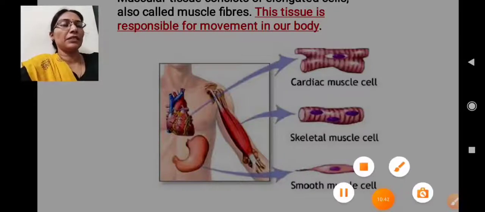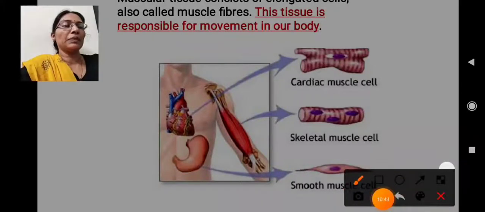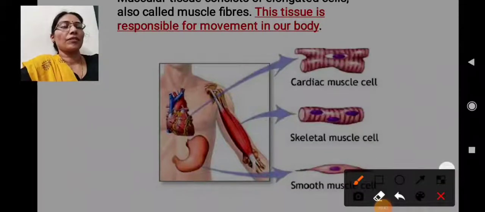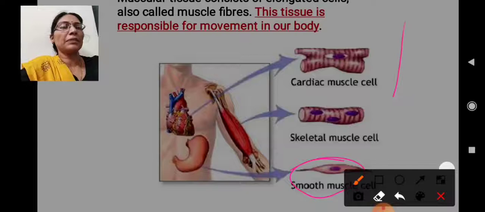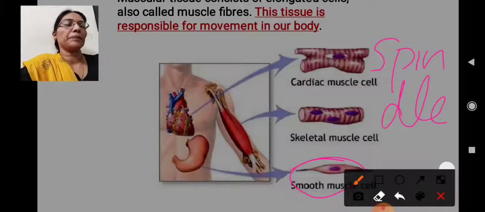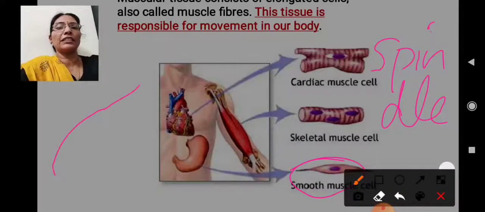Their shape is known as spindle shape. So you can see here spindle shaped muscles, elongated there.